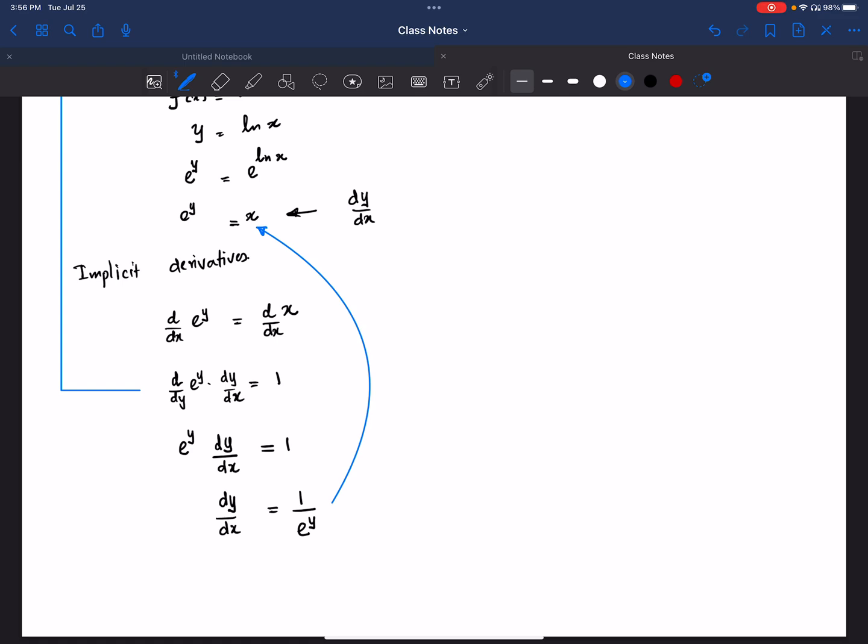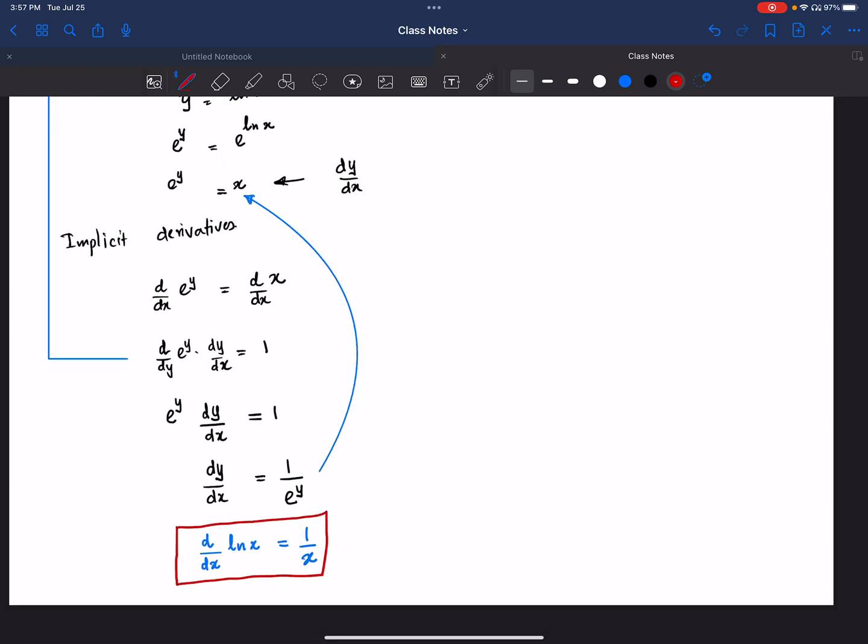So I'm going to replace that, and also I can write d over dx of y, where y is natural log of x, which is equal to 1 over x. So that's our equation.